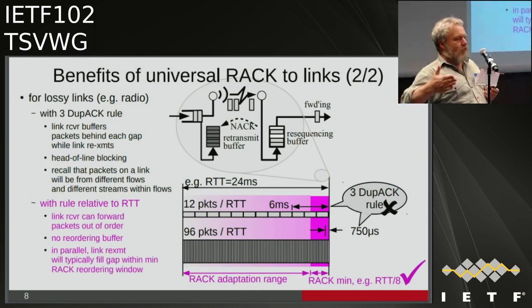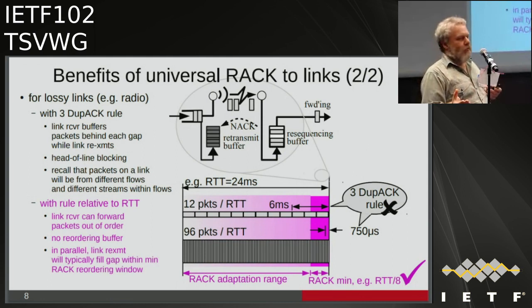And then you have a resequencing buffer at the receiver end of the link. So if there's a link layer retransmission going on, you've set some link layer sequence numbers, you've got a hole in that sequence, you hold the packets behind that hole until you do the repair, and then you let the whole buffer go out once you've repaired it.